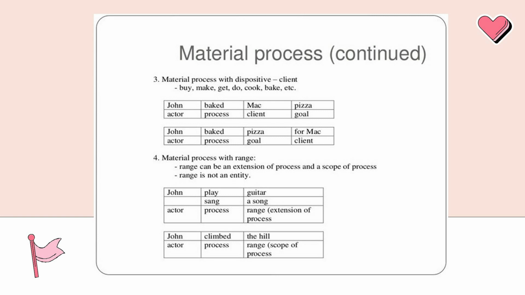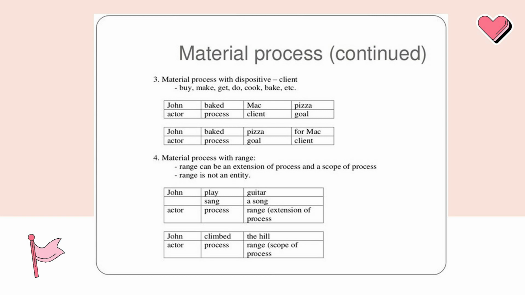The example is John baked pizza, and then John is actor, baked is the process, and pizza is goal. And then John baked pizza for Meg. In this sentence, John is actor, baked is process, pizza is goal, and for Meg is recipient.